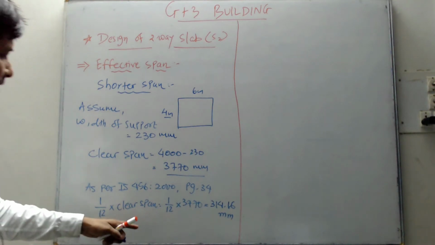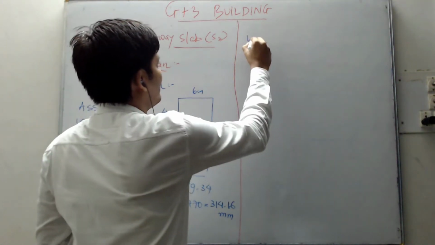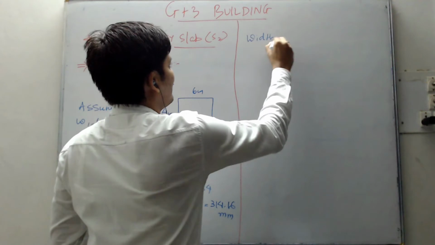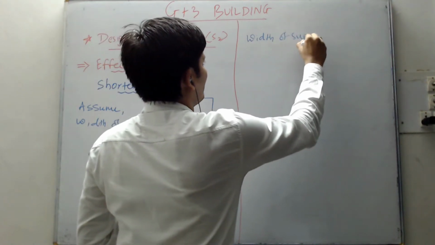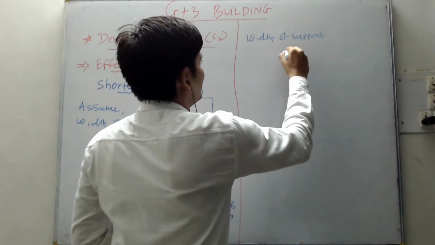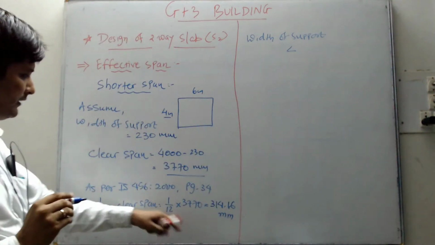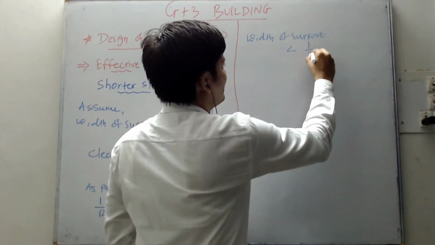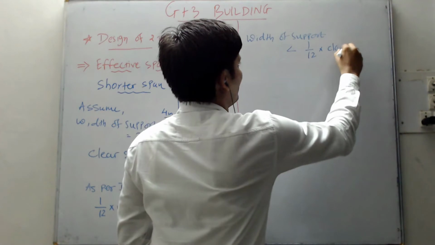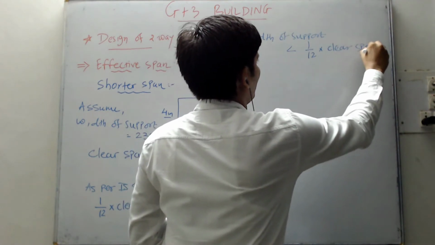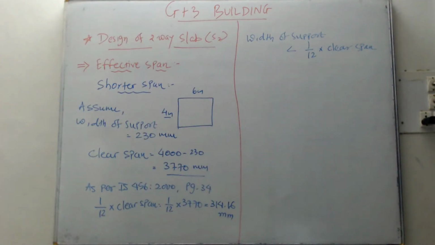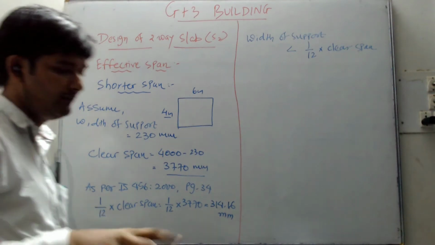So in this case, what is the condition we have? We have width of support is less than 1 by 12 of clear span. Therefore, let us see what is given in IS code.